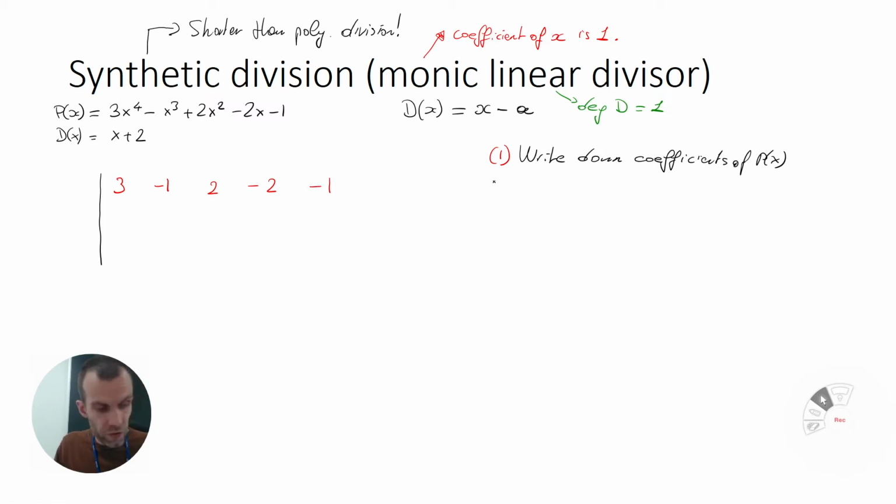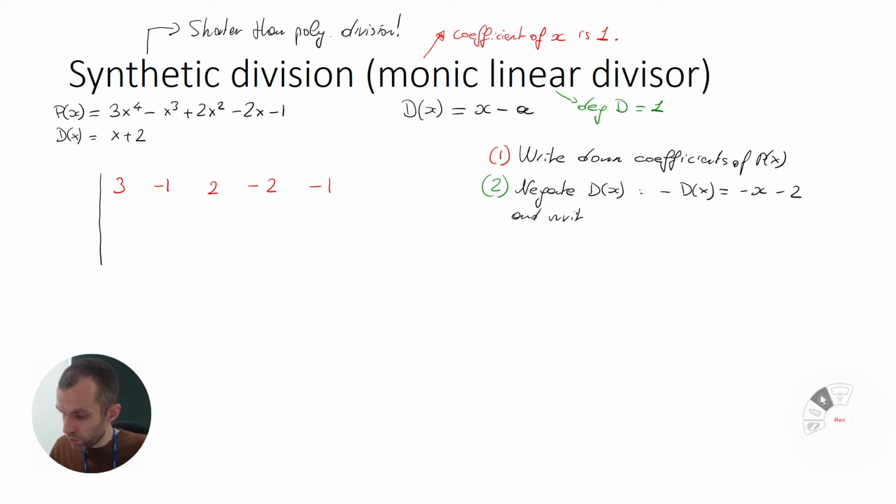Now for the second step, we're going to negate d of x. So we take minus d of x, and in this case this gives us minus x minus 2.